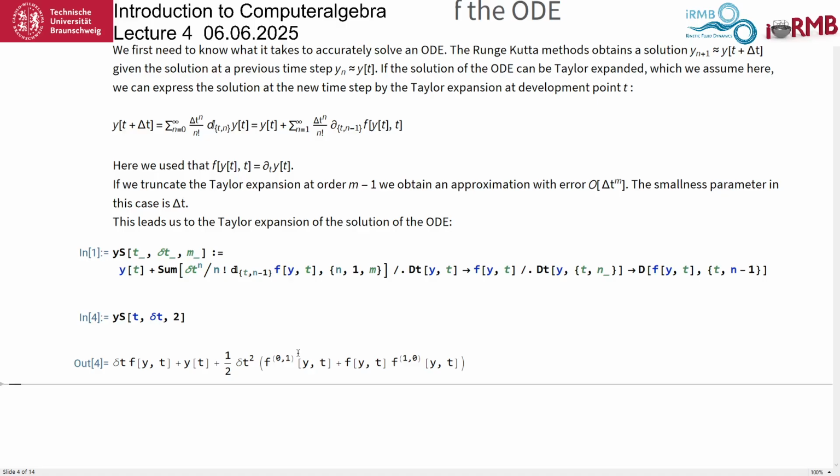The ODE has only one independent variable, I mean, this is how it's defined, but this f here has two independent variables. And you see this actually showing up in this place, because you see that here comes the first derivative of f in y.